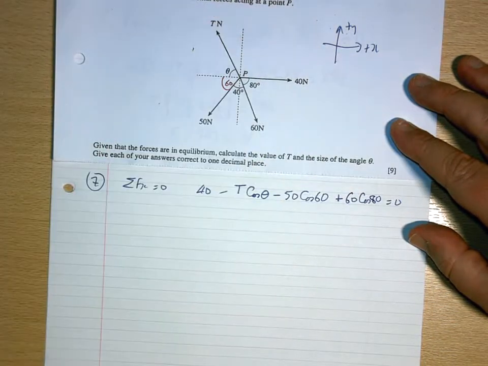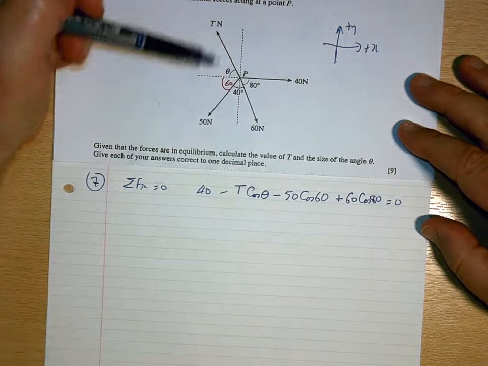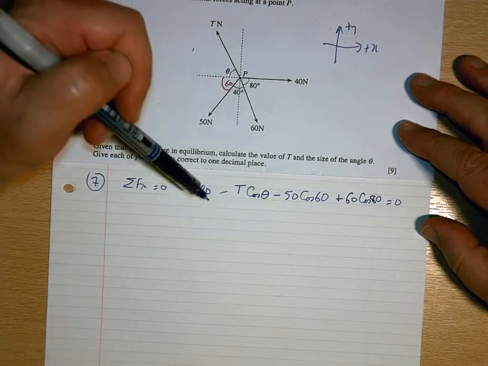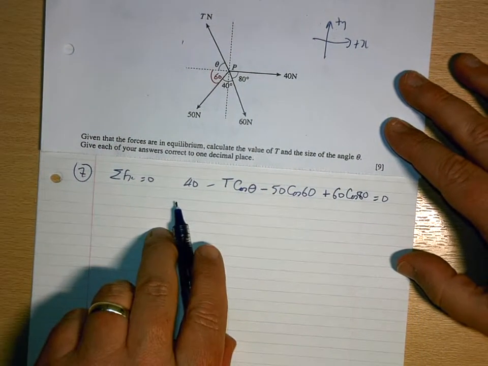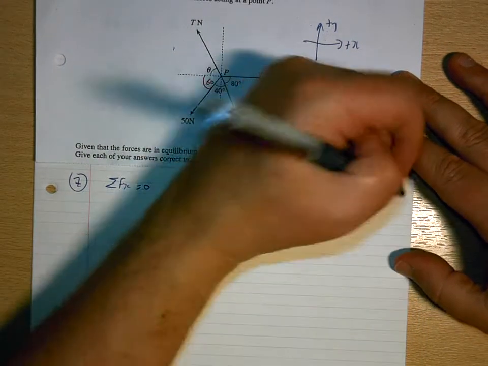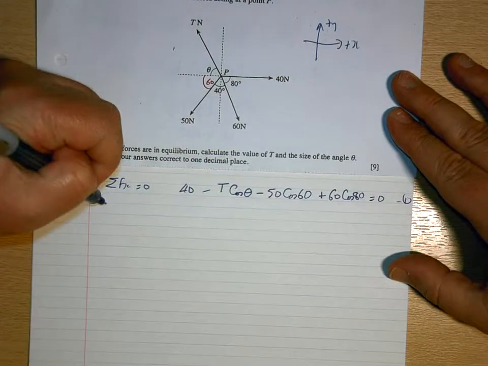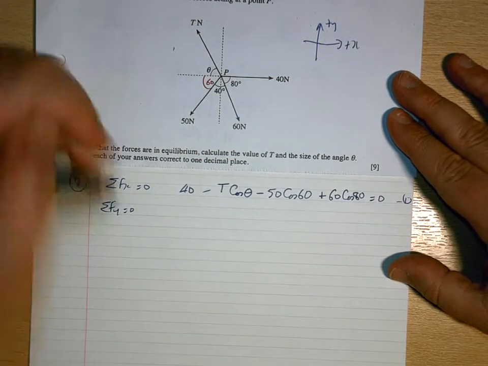equals 0. So let's just check we've covered everything there. There's 1, 2, 3, 4 forces. Don't worry about simplifying it yet. Let's do all the mechanics first. Sum of the y equals 0.